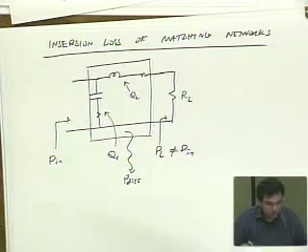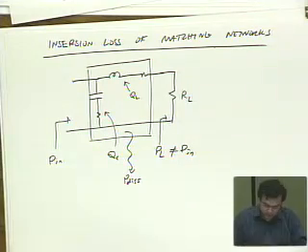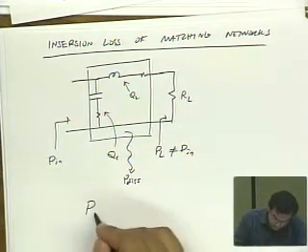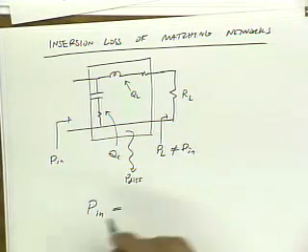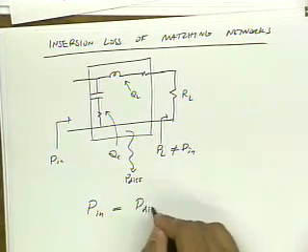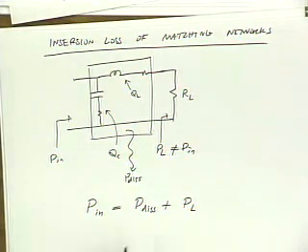So I'm going to derive a really approximate expression for the insertion loss, which is more intuitive than anything. The way we derive it is we, first of all, make an obvious statement. We say that the input power is equal to the power dissipated plus the power that goes to the load, right? And of course we want to minimize the power dissipated.